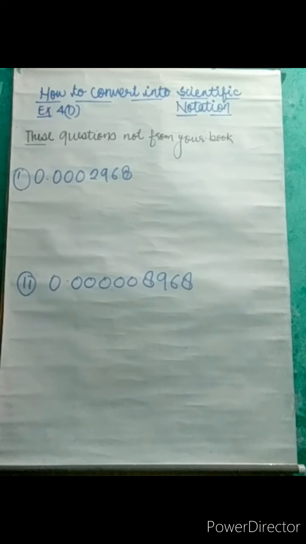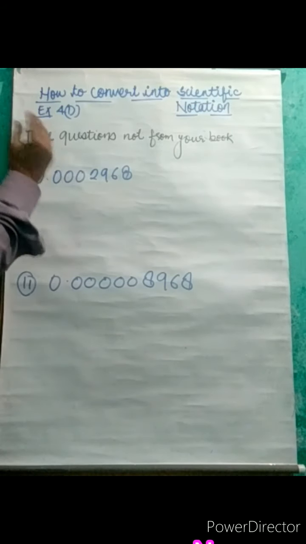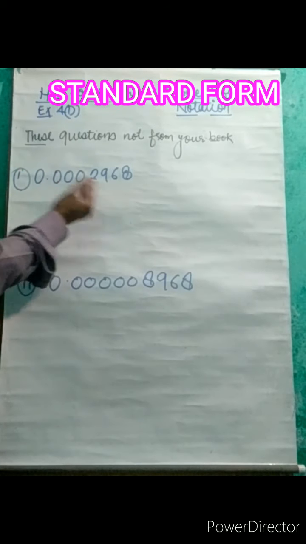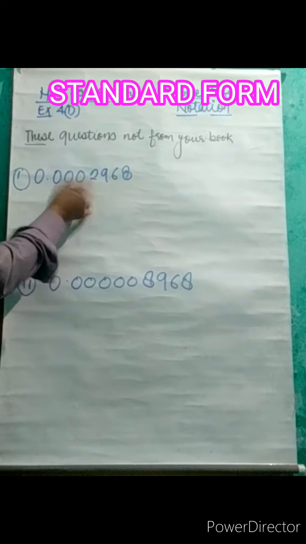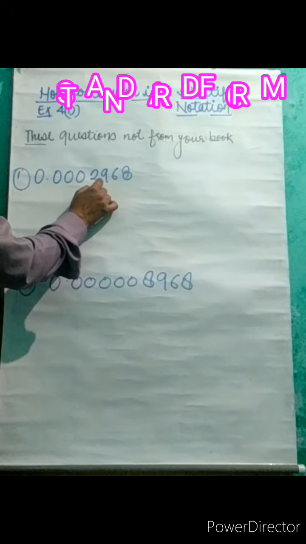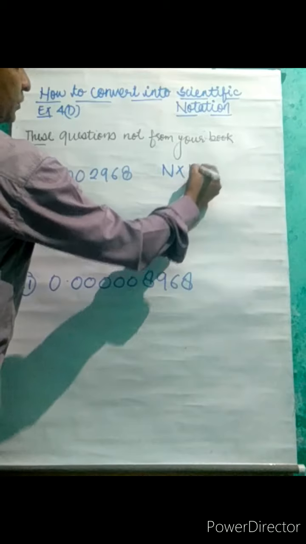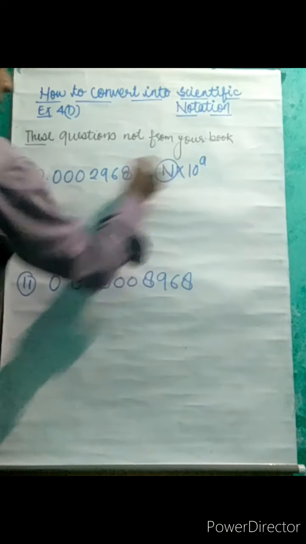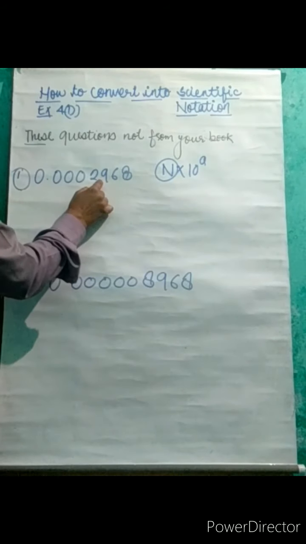While converting any number into scientific form, we need a non-zero whole number to the left side of the decimal. You can see this is 0, this is 0, this is 0, this is a non-zero number. If we shift this point here, then it will satisfy the equation n multiply 10 raised to power a, means one whole number will come to the left side of the decimal.